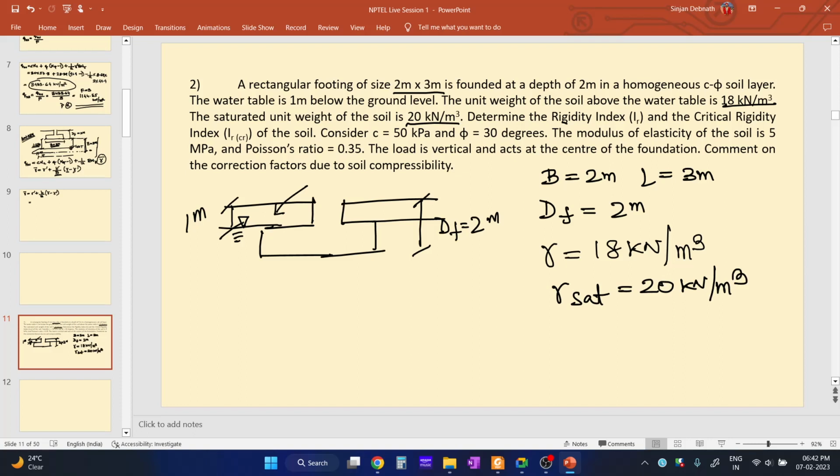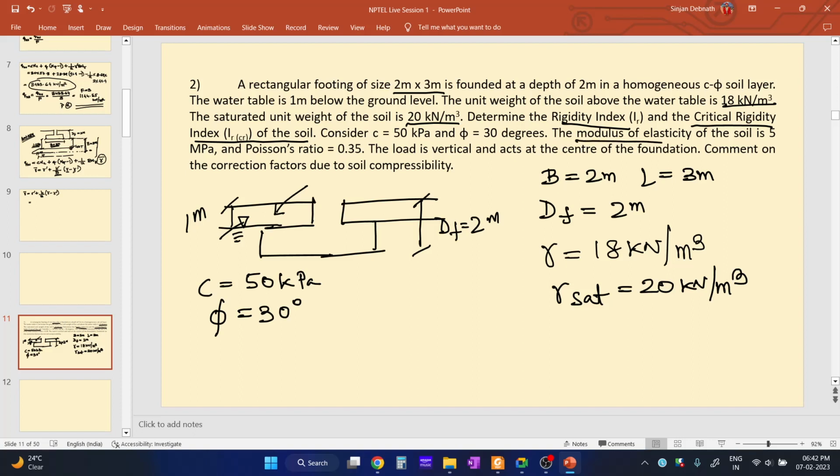Determine the rigidity index and the critical rigidity index of the soil, that is, we need to determine IR and ICR of the soil. Consider c equal to 50 kPa and phi equal to 30 degrees.